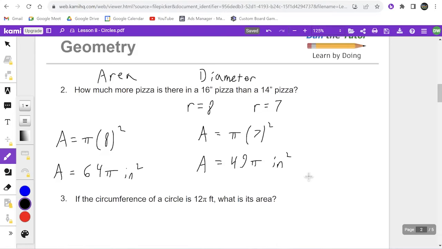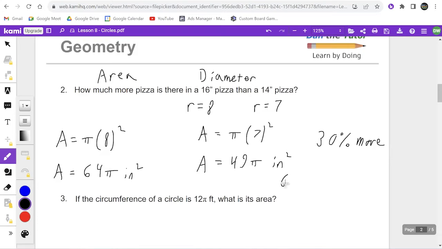And so once I have my two areas, I can now compare them. Obviously 64 pi is more than 49 pi, but how much more? Well, I'll tell you, it's approximately 30% more. And in case you're curious how I did the math on that, it's not important because it's not really what the question's asking. The question, you can stop by subtracting these two quantities.